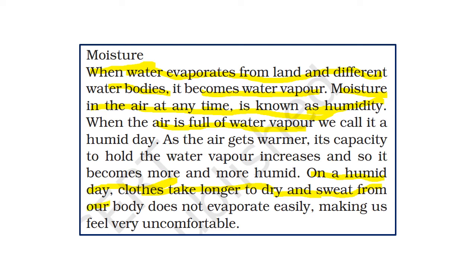Sweat from our body, as you have experienced, does not evaporate easily because the air already contains a lot of humidity, and this condition makes us very uncomfortable. We feel very hot, especially during this season, October, November, because after the rainy season, the air in our area contains a lot of humidity, and that is why wet clothes take longer to dry up.